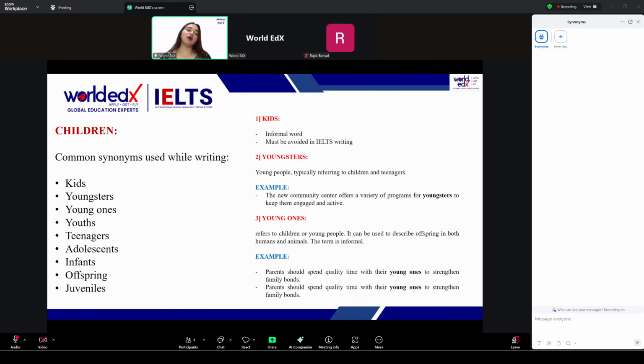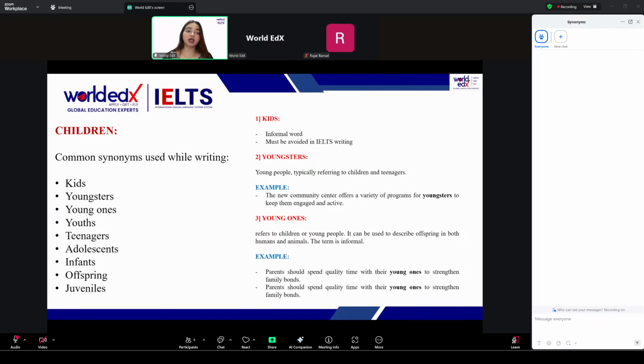The next is children. You will have a lot of questions that will involve words like children, teenagers, youngsters. So look at the synonyms that you can use for children. You can use kids, youngsters, young ones, youth. Now, young ones is something that is again very informal. Youth, teenagers, adolescents.